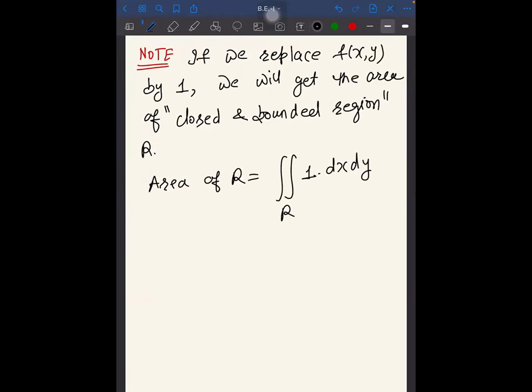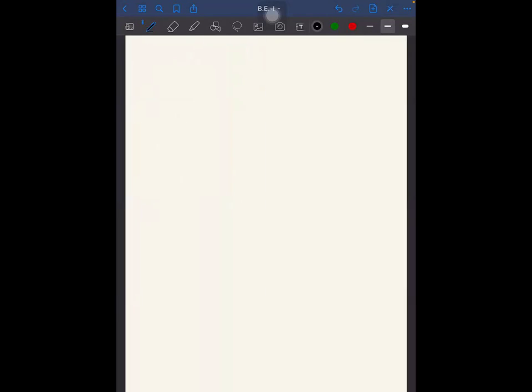Okay, let's do a few more questions. Start with a simple example. This is an example in the book, page number 1012.